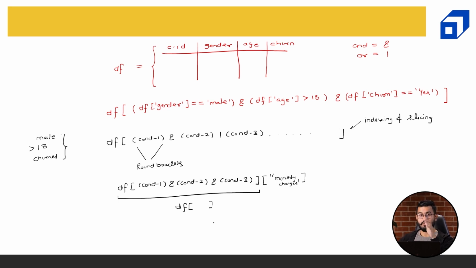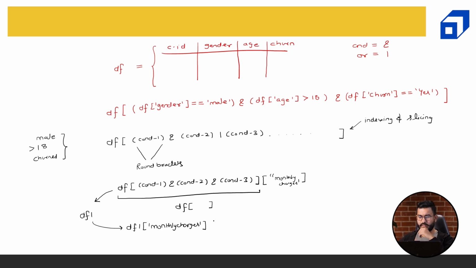This is one way in which you can write the complete logic in a single line of code. Another way is you can assign this output to a variable df or df1, and then you just do the same thing. So df1 square bracket, then monthly charges.